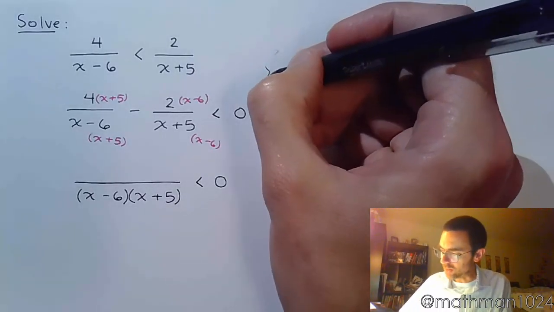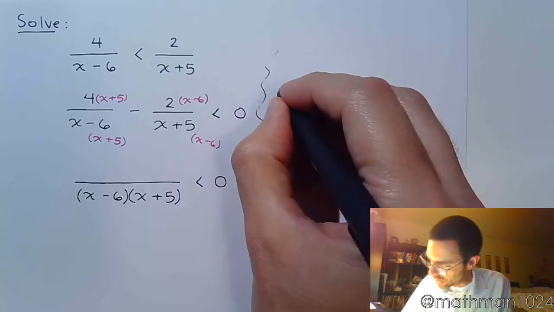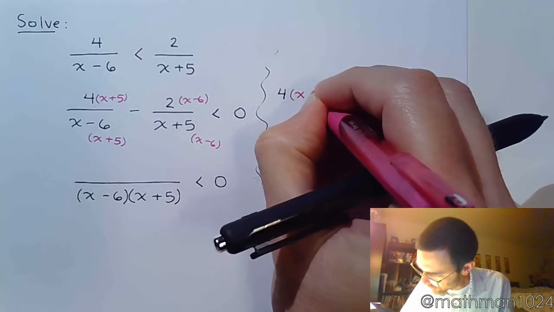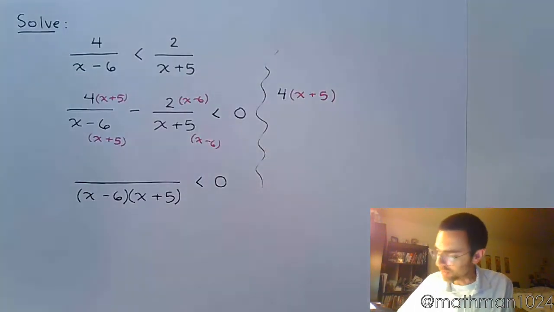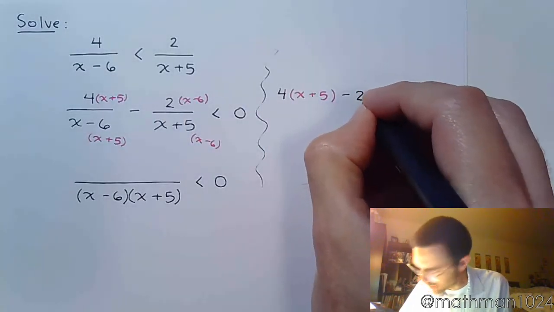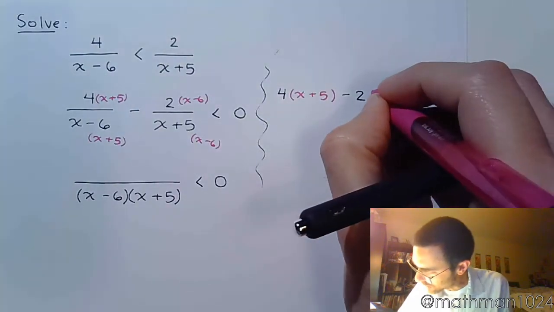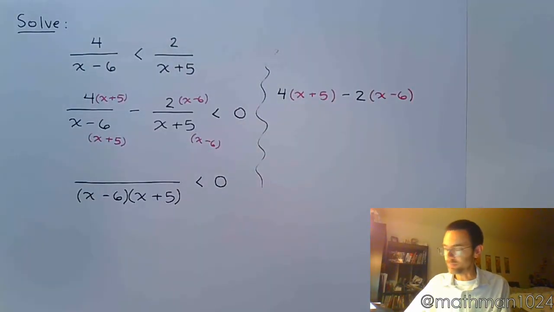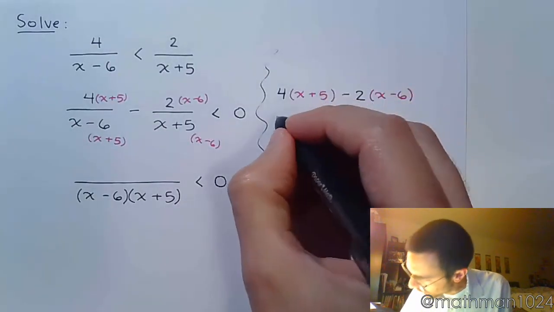So off to the side, let's do some scratch work for that. So we have 4 times x plus 5 minus 2 times x minus 6. So go ahead and distribute.